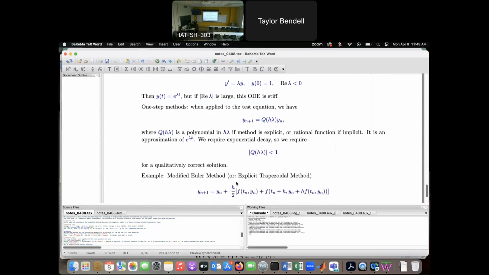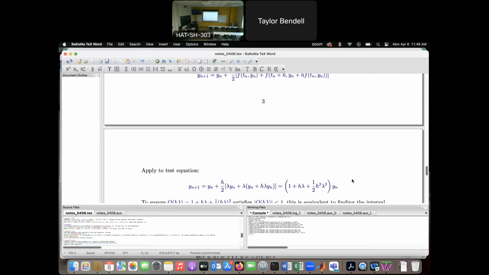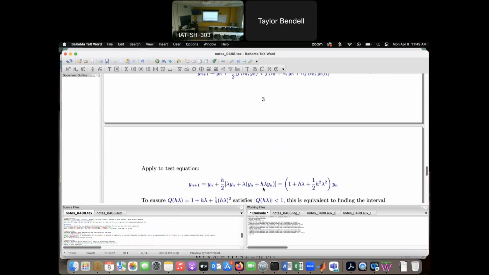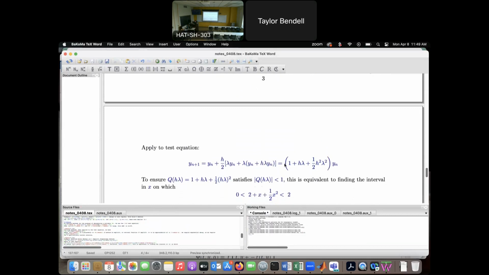So for example, a modified Euler method, also known as the explicit trapezoidal method. So here's the method itself. And then I apply that to the test equation, and I end up having y_{n+1} is equal to yn times this factor in large parentheses. So I need to ensure that this factor is less than 1 in absolute value.